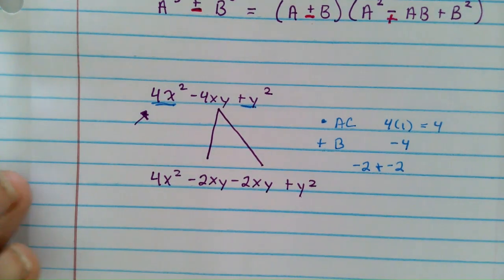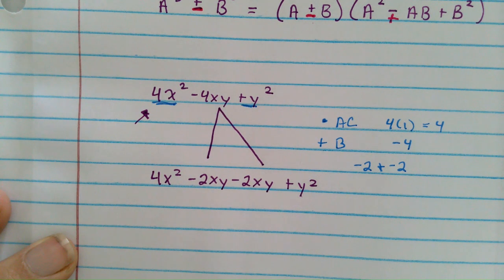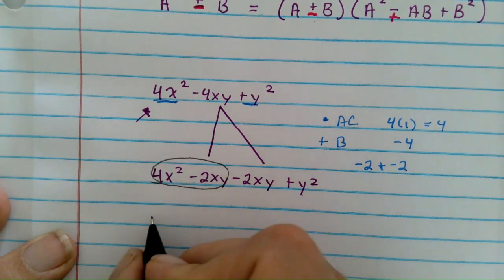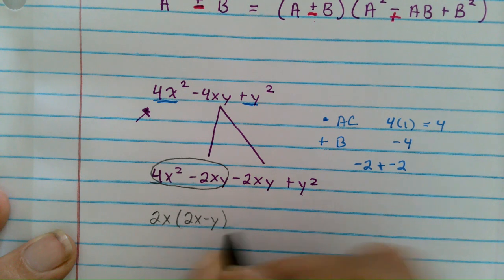And I'm doing this the proper way. I'm not doing this with the grid in this case, because I want you to be able to see some of those in my old factoring video, which has the gridded out method. Now I'm going to factor by grouping. There are 4 terms, so I'm going to split it into 2's and 2's. These two have a GCF of 2x, leaving me with 2x minus y.